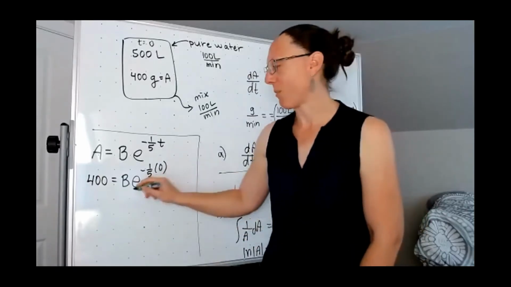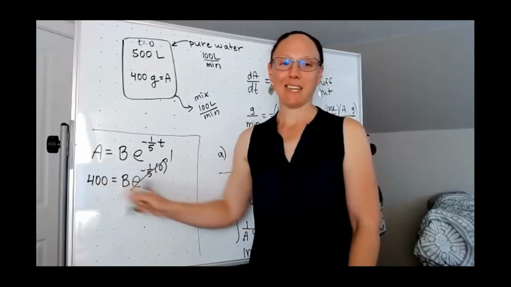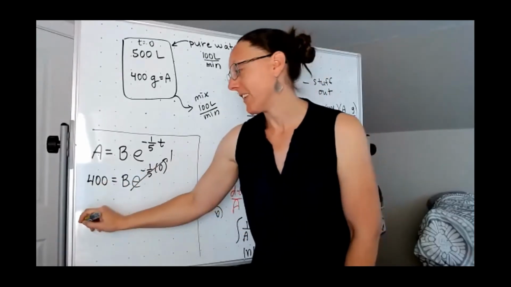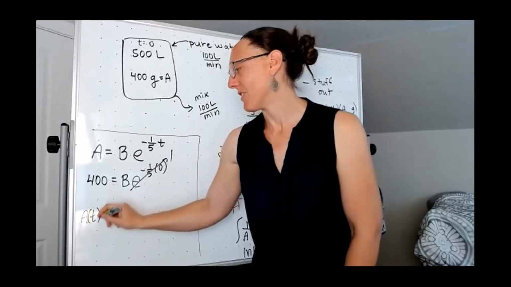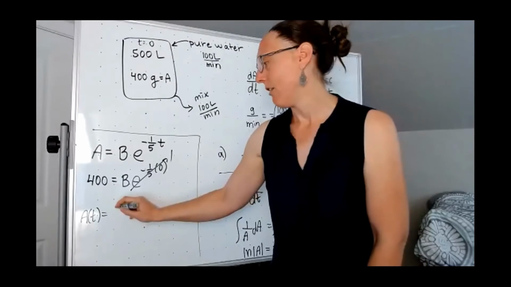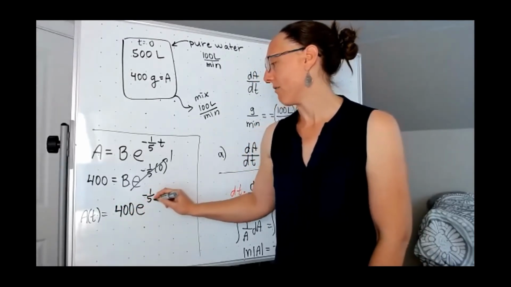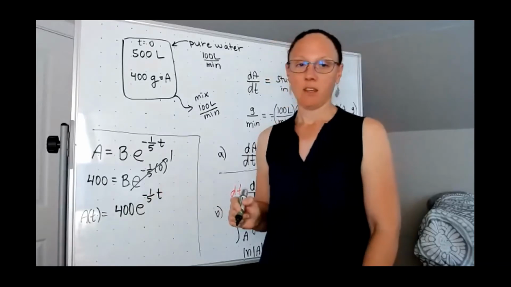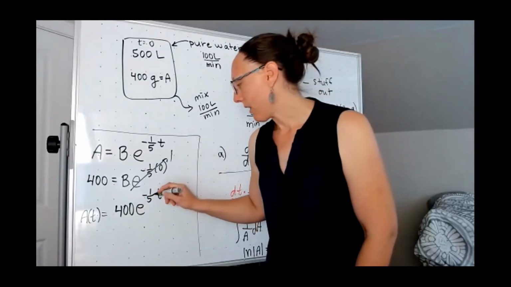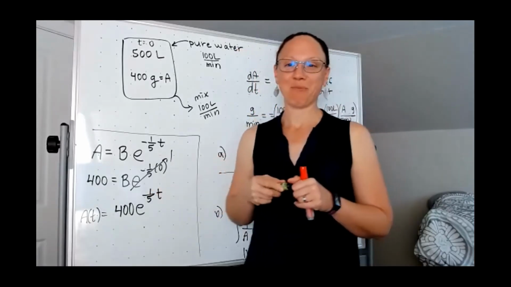E raised to the 0 power is 1, not 0, which means B is 400. So my final answer here would look like A of T is equal to 400 e to the negative 1/5 T. And I kind of lost the top of my 5, but hopefully that's readable.